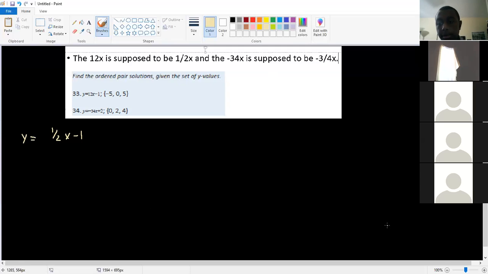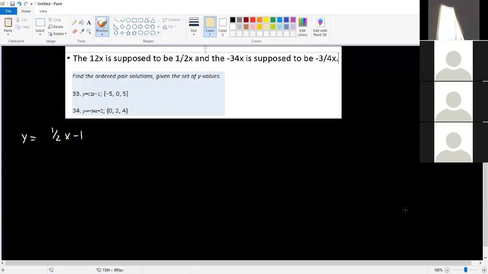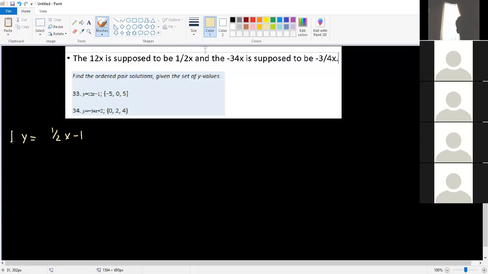Okay. So I'm going to ask someone at random who hasn't gone yet. Efrat, do you mind unmuting yourself to show me how you solved this problem? Okay, so for the problem you just wrote down, I picked the first coordinate as -5.